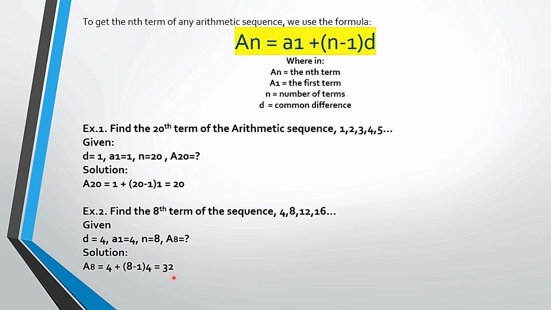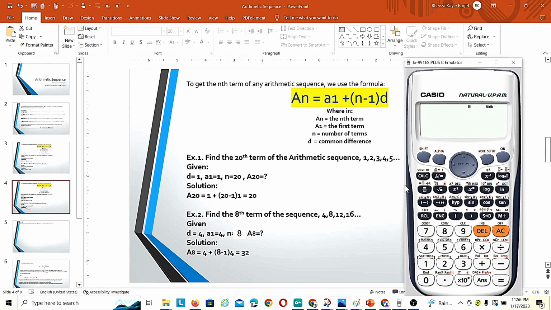The answer is 32. Alright, let us now try to solve this problem using calculator techniques. Find the 20th term for the arithmetic sequence 1, 2, 3, 4, 5. Before, we solved this problem using the formula as shown in this slide.